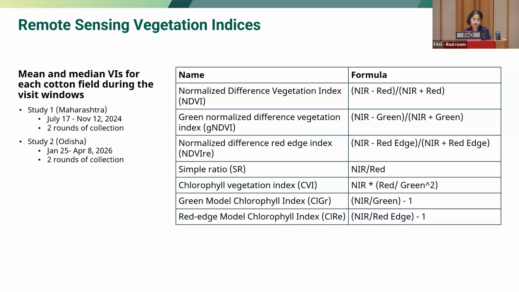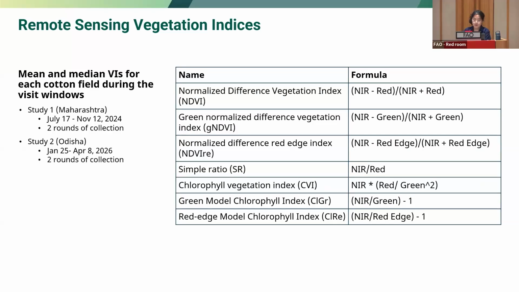For both studies, we calculated several vegetation indices, including the NDVI using the green band and the red edge band, and also several chlorophyll-related indices. For both studies, we calculated the mean and median VIs for each field during the visit windows.